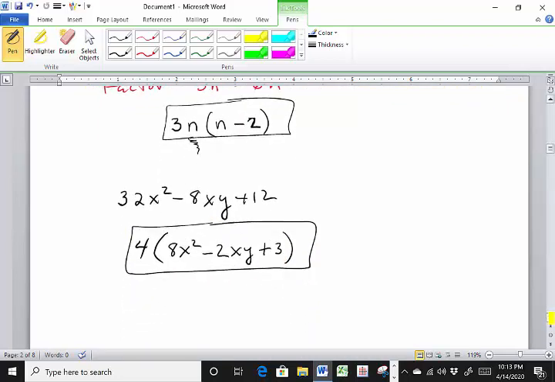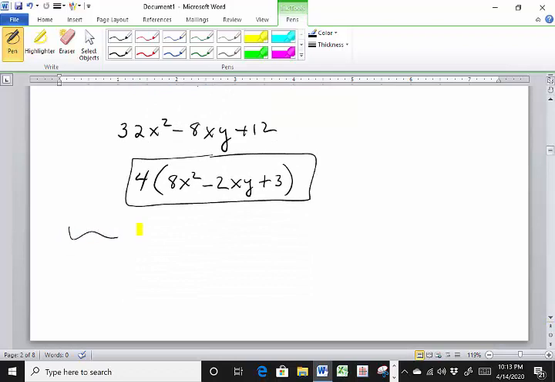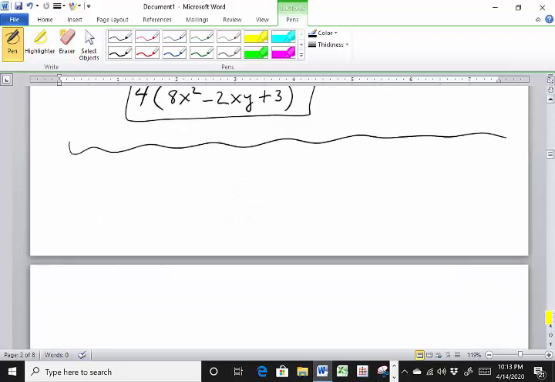Now, every once in a while, you come into a situation that you may have to factor out a -1. Okay? So there'll be instances that you'll have to do that.